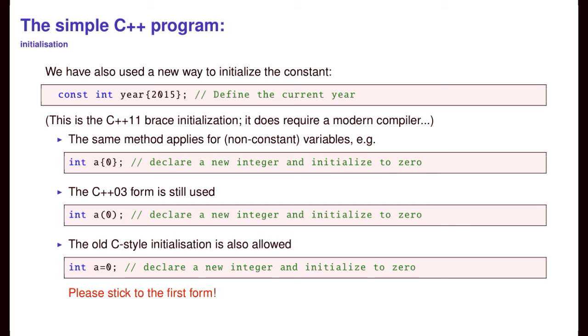We'll see later on that this third one actually is different. It really does something different than the first two do. I still would like you to stick to the brace form, essentially because this is the right one to use in modern compilers.